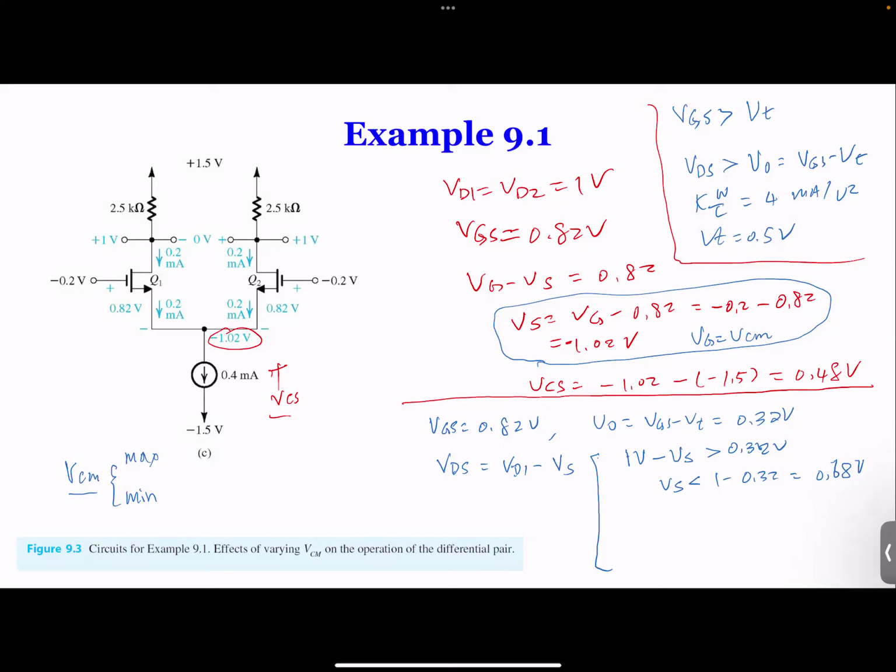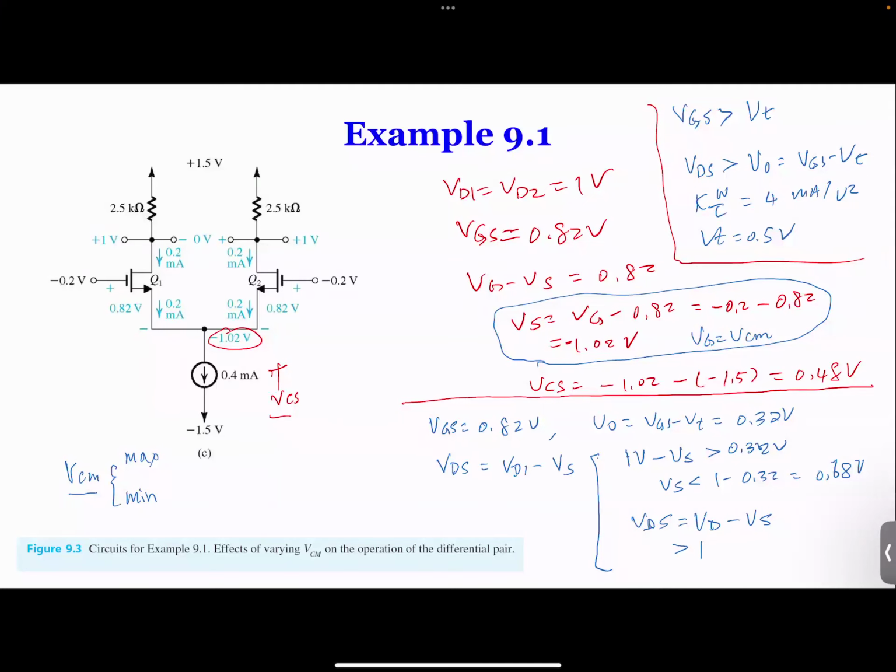So from there we can calculate VS, because we need to calculate VS. VG minus 0.82 gives you VS. So we should be able to find VCM. VDS is, no, we will probably do a few more steps. So VDS is VD minus VS, and VDS has to be larger than VO.